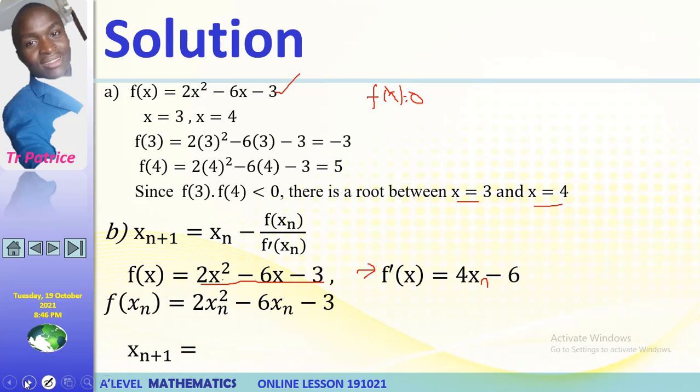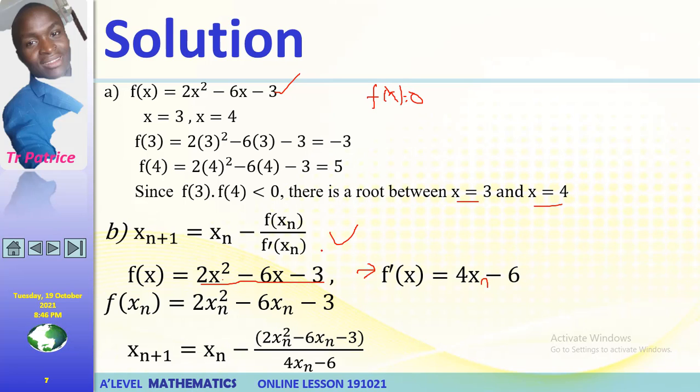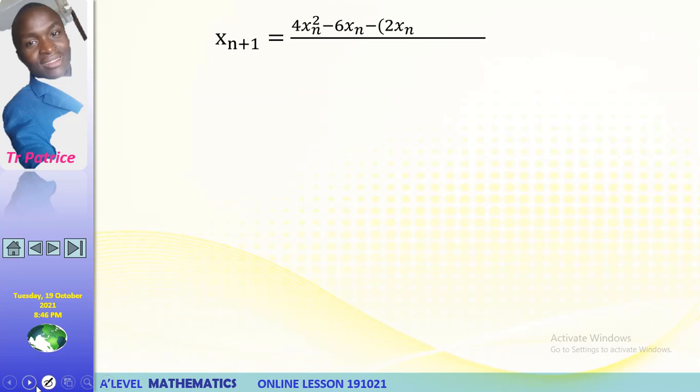Then the next step, I substitute into my formula here. Xn plus 1 equals xn, now instead of f of x, I put the value of f of xn, and I also include the value here of f prime of xn. And I find the LCM. I will have 4xn squared minus 6xn, then minus 2xn squared minus 6xn minus 3. The LCM is 4xn minus 6. Then I can open the bracket.